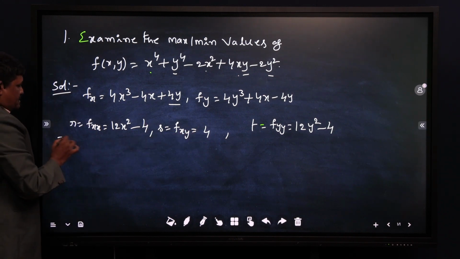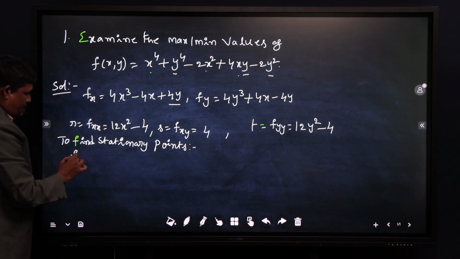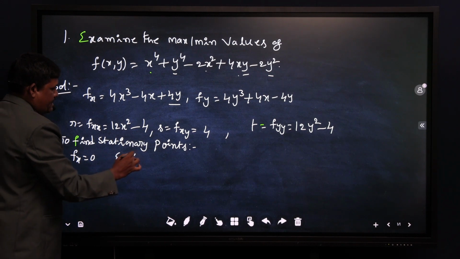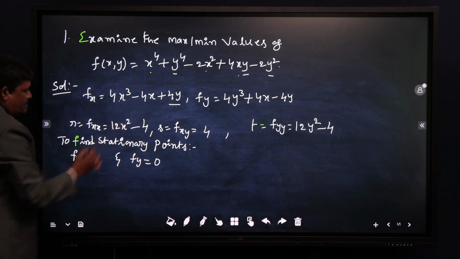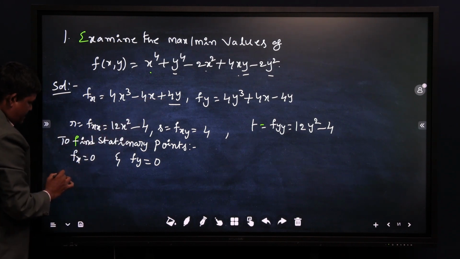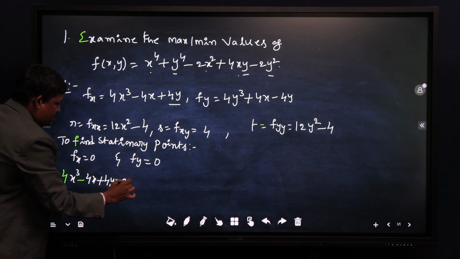Let's find the stationary points. Equate fx is equal to 0 and fy is equal to 0. You will get this: 4 is common, you can take out later also. 4x cube minus 4x plus 4y is equal to 0.